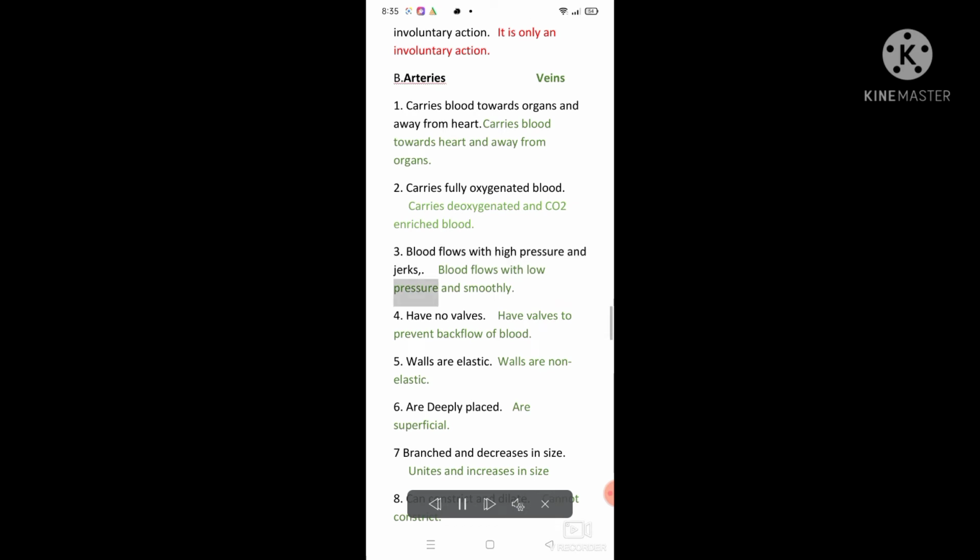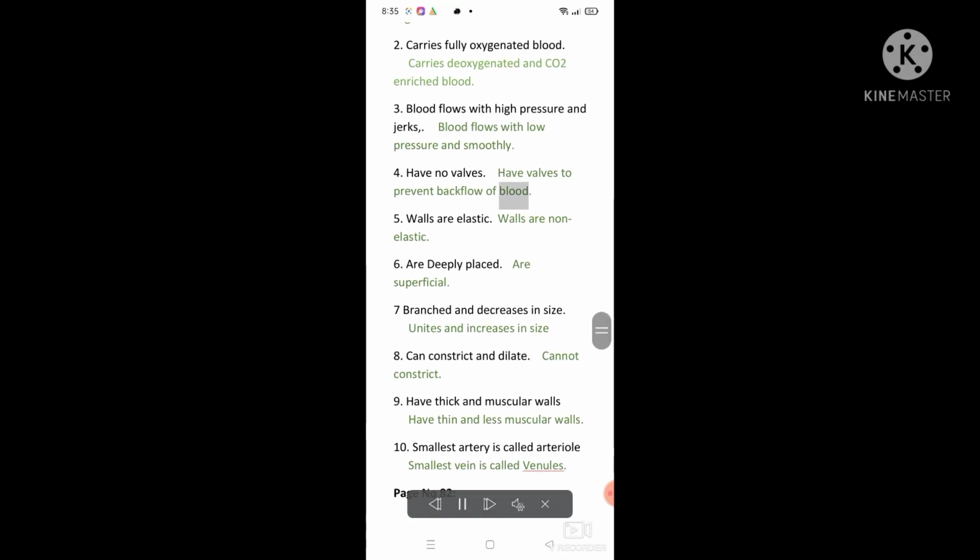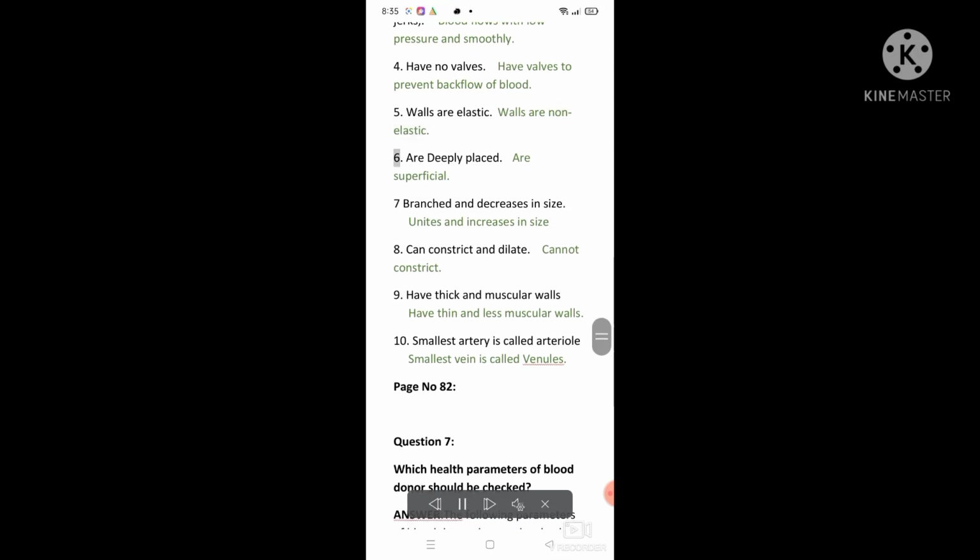In veins, blood flows with low pressure and smoothly. 4. Arteries have no valves. Veins have valves to prevent backflow of blood. 5. Walls of arteries are elastic. Walls of veins are non-elastic. 6. Arteries are deeply placed. Veins are superficial.